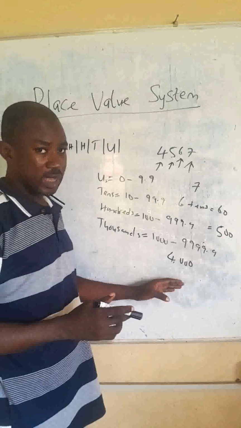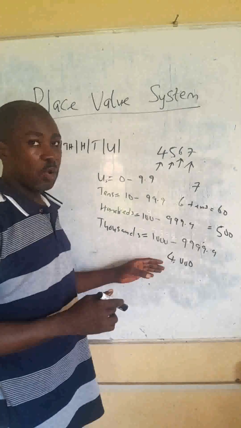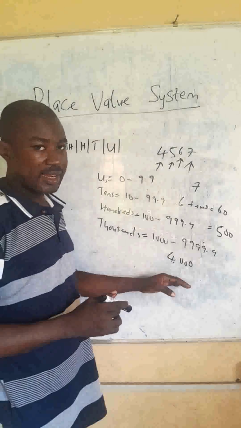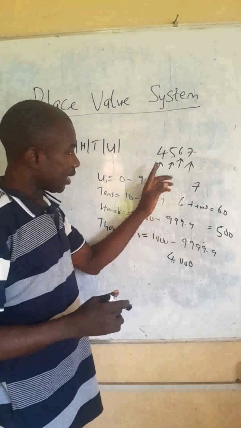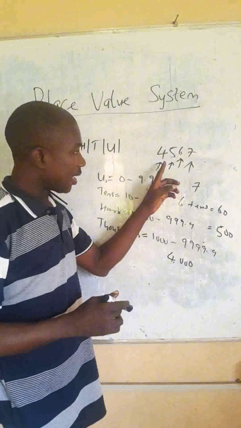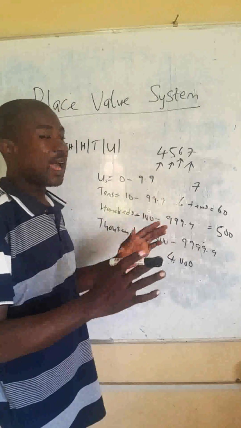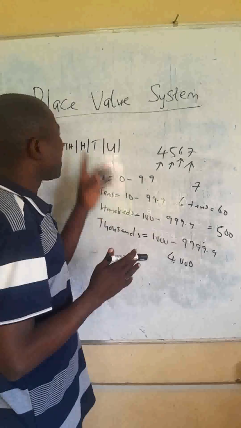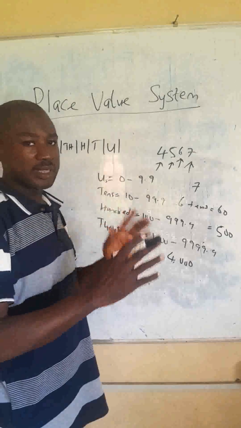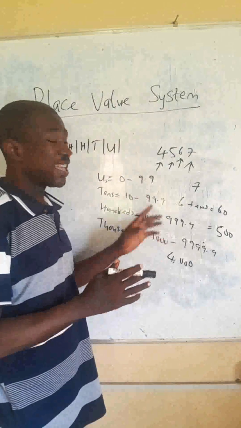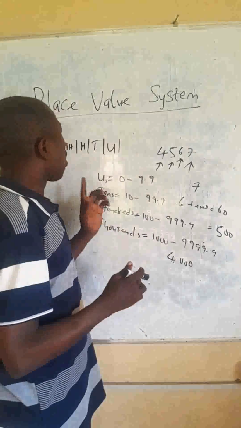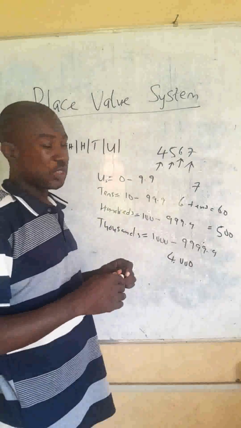This is one of the objectives I said earlier that we're going to talk about. So you can see the same number, but their place is different. So that number has changed because of where it is placed. That's what we call the place value system.